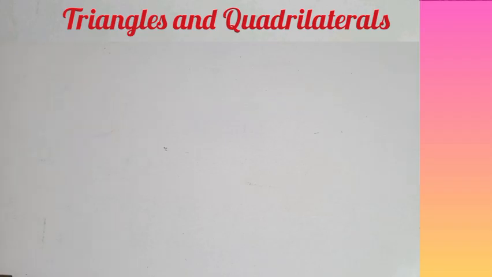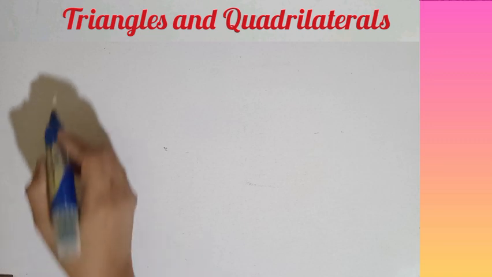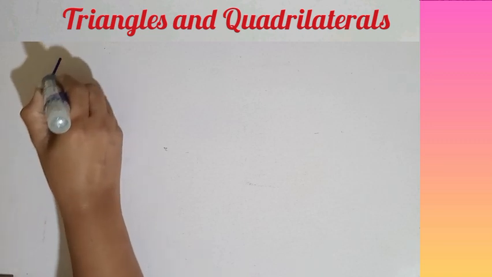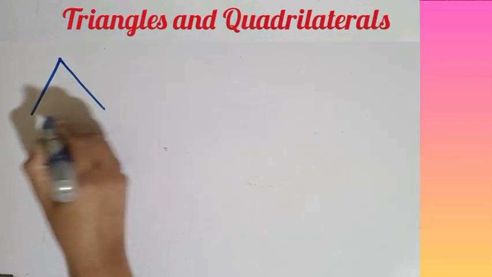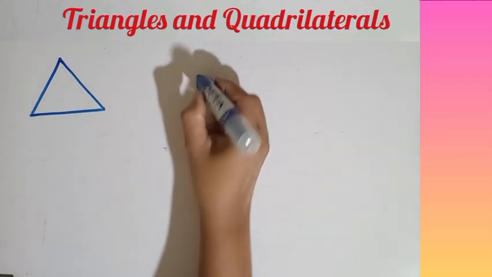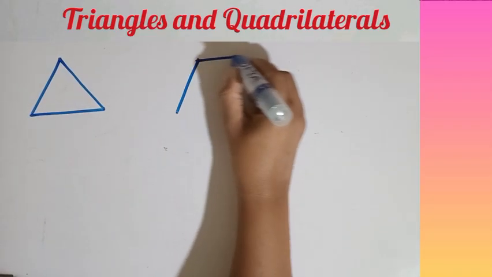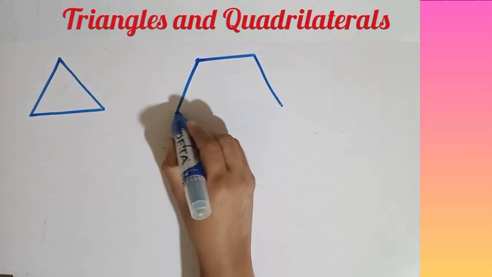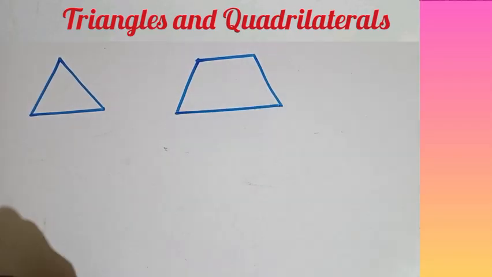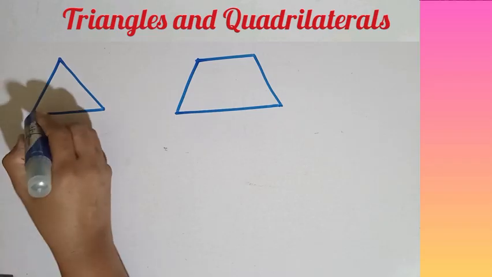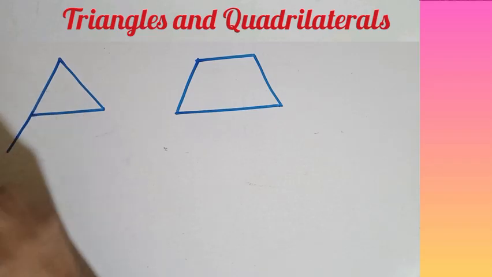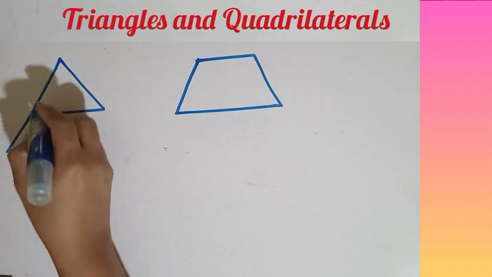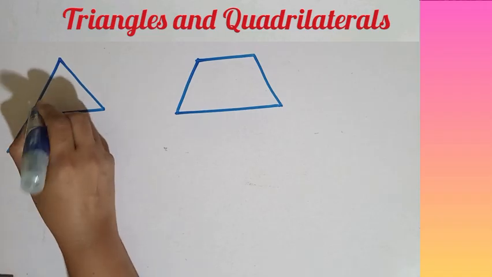Now I am going to talk about one feature that is common to both triangles and quadrilaterals. I will draw a triangle and also a quadrilateral. Then I am taking exterior angles in each polygon by producing a side in one direction like this.